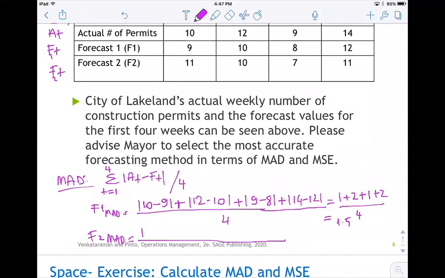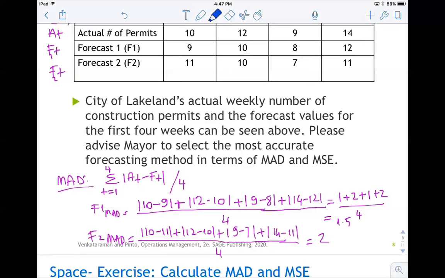This time it is 10 minus 11 plus 12 minus 10 plus 9 minus 7, and 14 minus 11, and the whole thing divided by 4. And the MAD for the second forecasting method is 2.